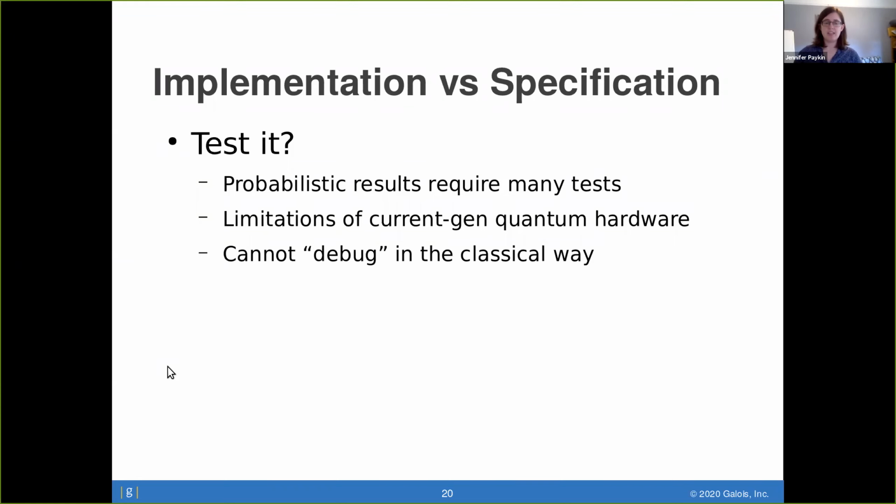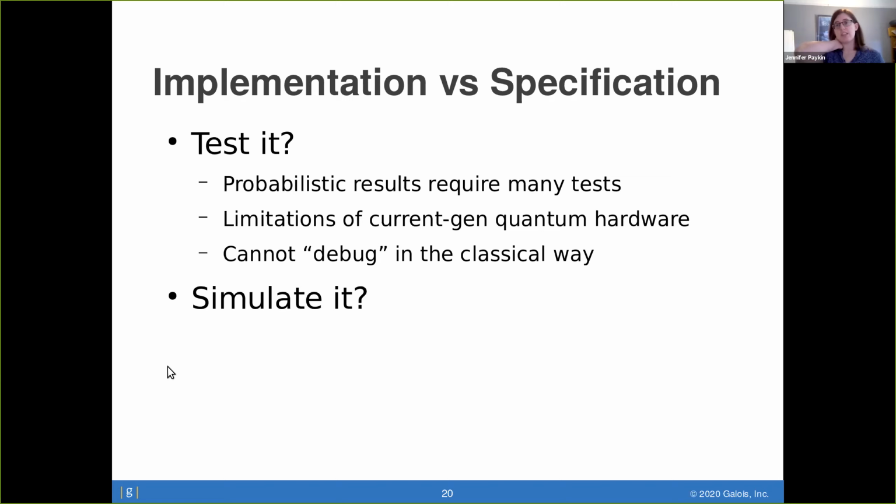So we can't look into a quantum computer and look at breakpoints or see what the computer is doing at a particular point in time. The limits of the quantum hardware mean that we can't do that debugging in the same way.